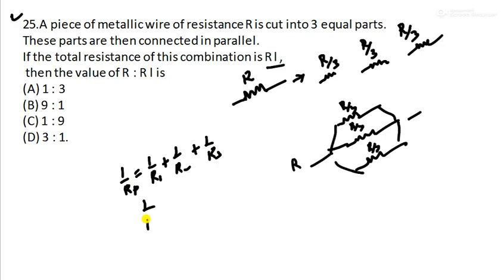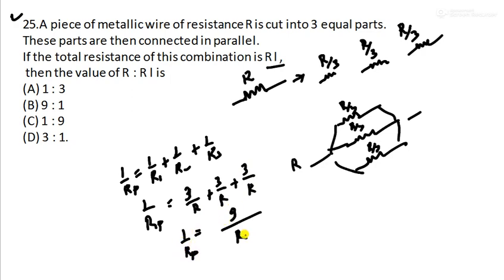So 1 by Rp is equal to 1 by R1, which is R by 3. So I'll put 3 here. Similarly, this becomes 3 by R and even this becomes 3 by R. When we solve, this becomes 3 plus 3 plus 3, which is 9, over R. So 1 by Rp is this much. When we interchange this, Rp is equal to R by 9.